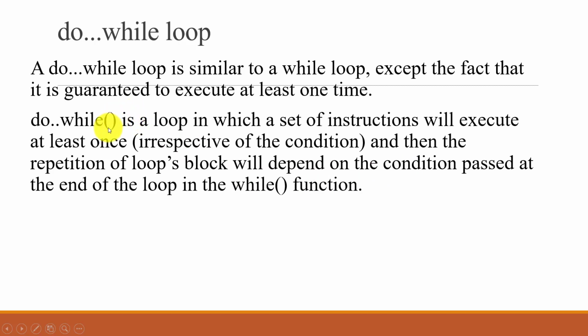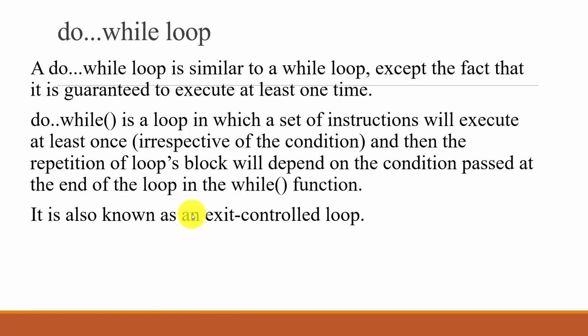Now here we pass the condition inside the while only. The difference is we first do, that is, we first execute at least one statement. The condition is passed at the end of the loop. In while loop we pass the condition at the start, but in do while we pass the condition at the end. So it is also known as an exit control loop.